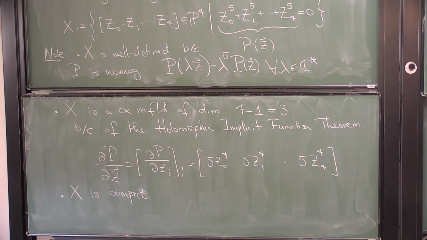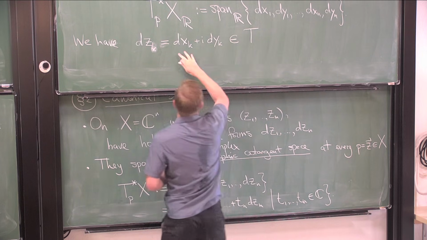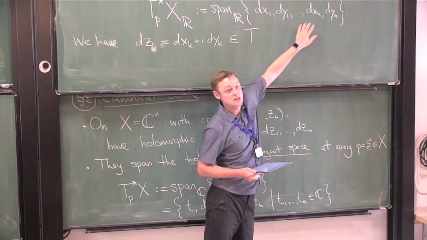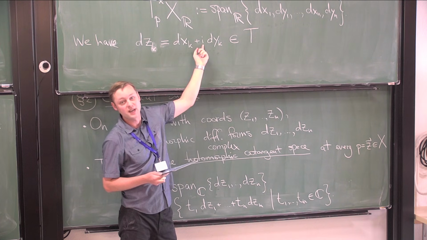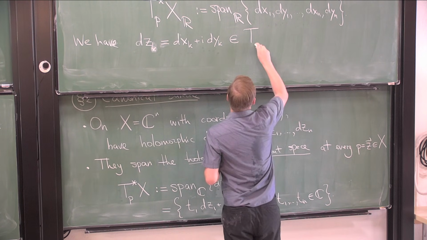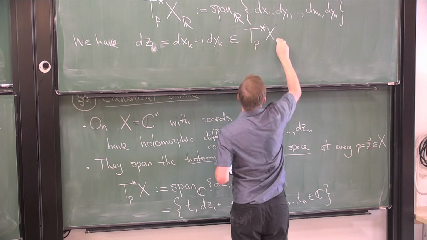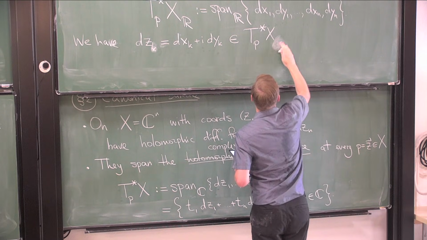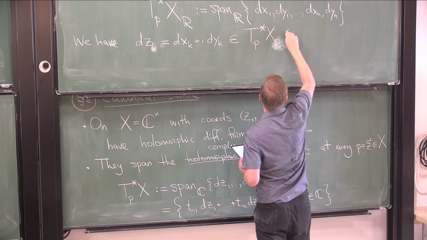From this point of view, they are just linear combinations of vectors in here, but no longer with real coefficients, because I'm explicitly including i here. So I need to complexify my space. The way I would write this is T_p^*(X_R), and what does it mean to complexify? If you've seen this construction before, this will become obvious. If you haven't, just take it as notation.